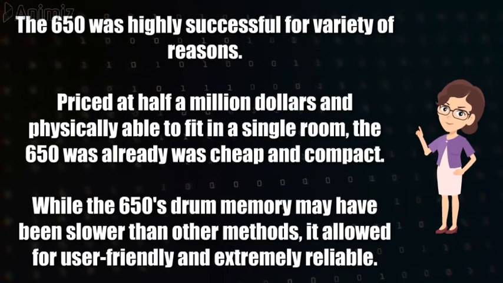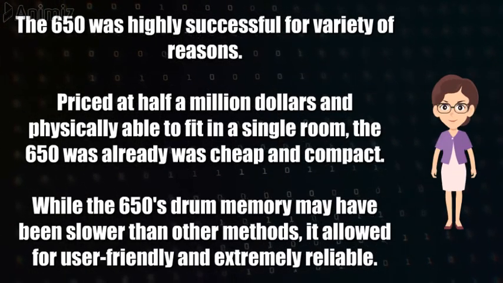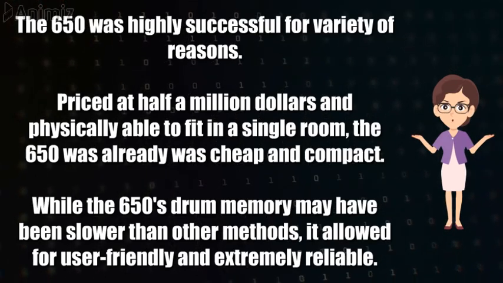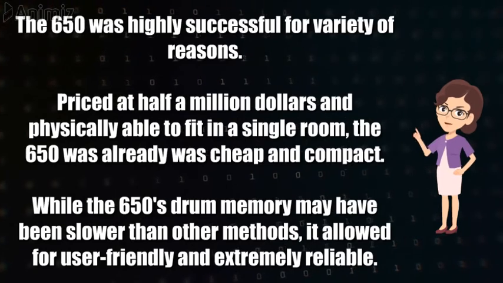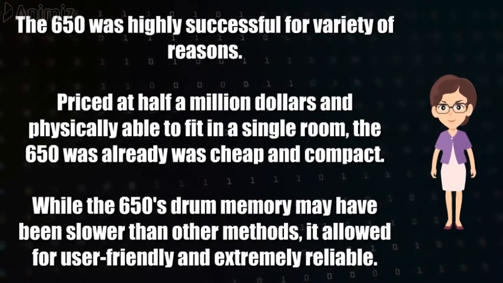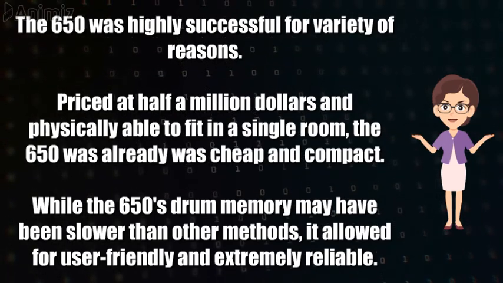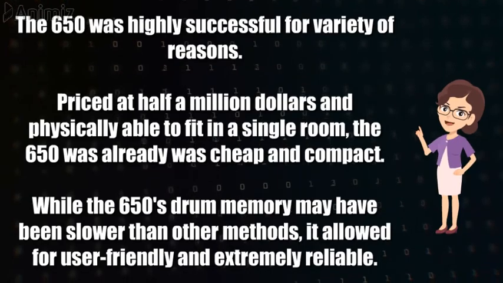The 650 was highly successful for a variety of reasons. Priced at $500,000 and physically able to fit in a single room, the 650 was cheap and compact. While the 650's drum memory may have been slower than other methods, it was user-friendly and extremely reliable.